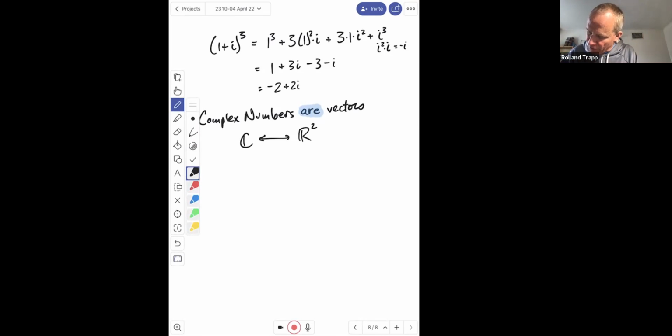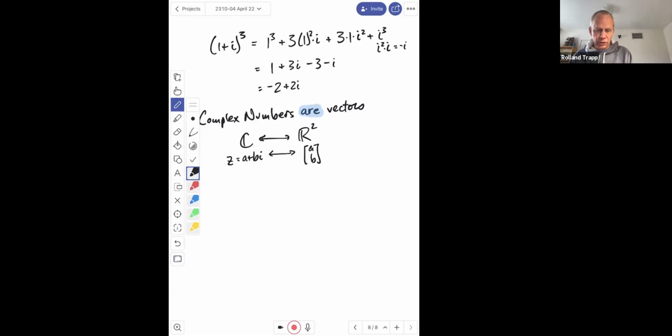You can take any complex number z, which is a plus bi, and turn that into the vector (a, b) in R2.